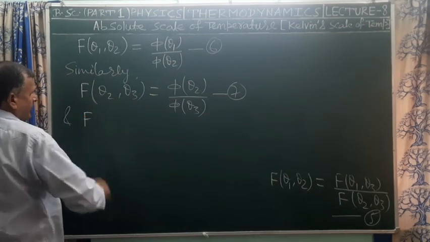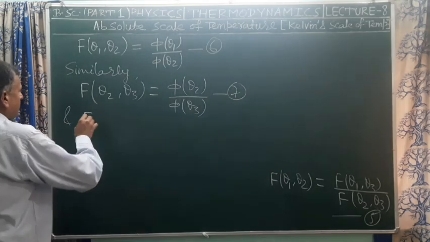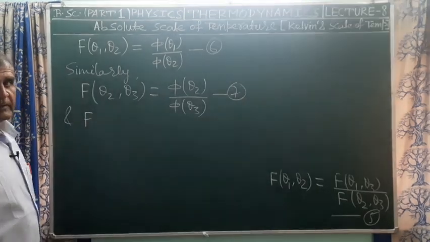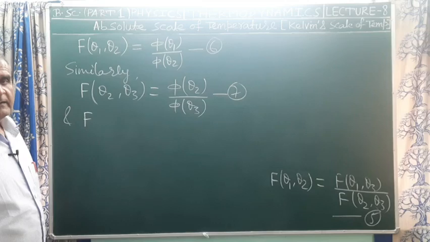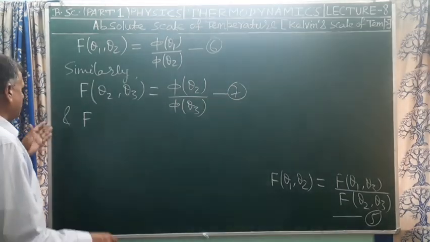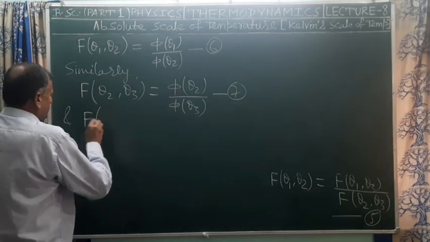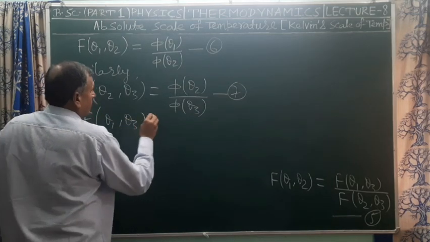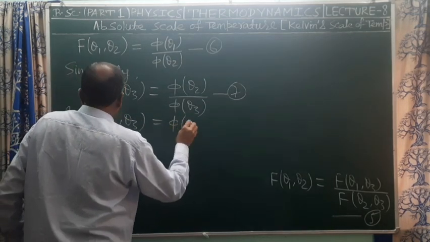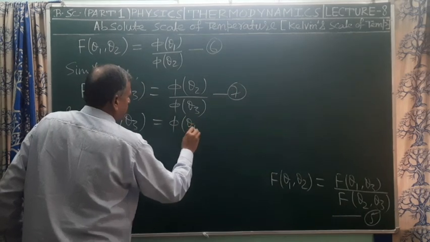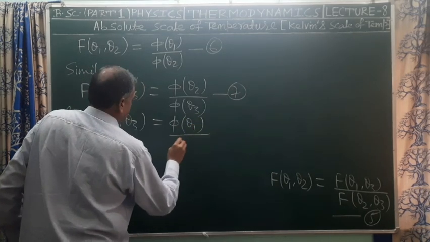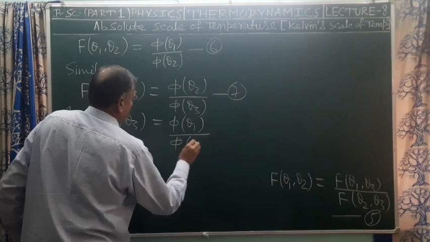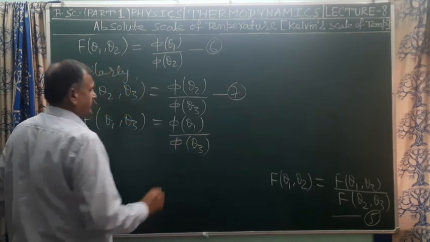And also for the third reversible heat engine, which works between two temperatures theta 1 and theta 3, we can write f under bracket theta 1, theta 3 equals phi, the function of temperature theta 1, upon phi of temperature theta 3.